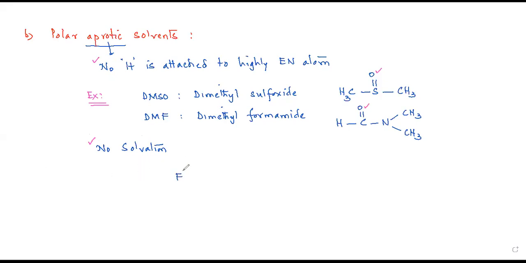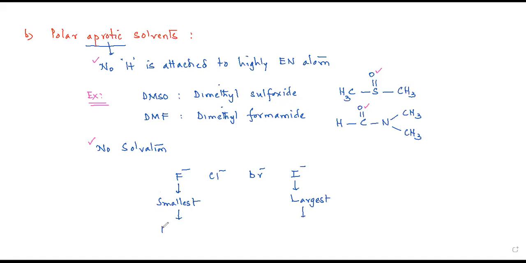Now again go for the same halide ions. Simple. This is smallest, this is largest. Take them as such because there is no hydration or solvation.